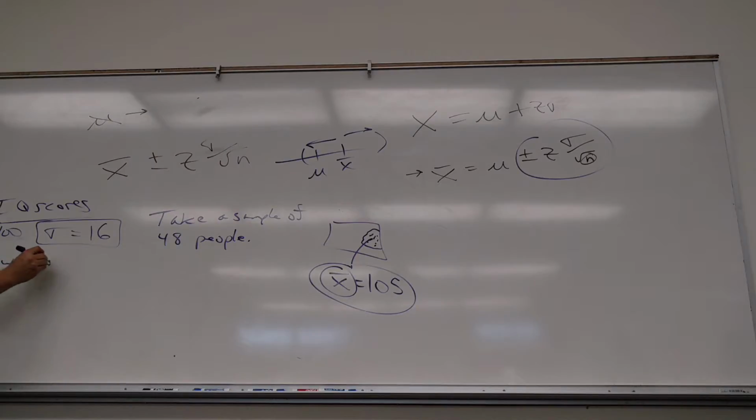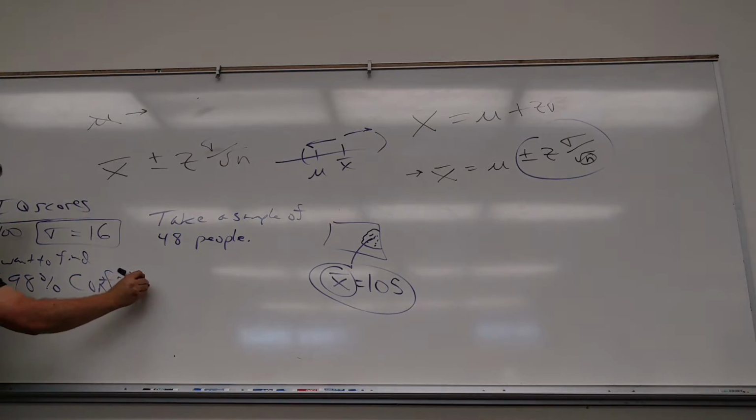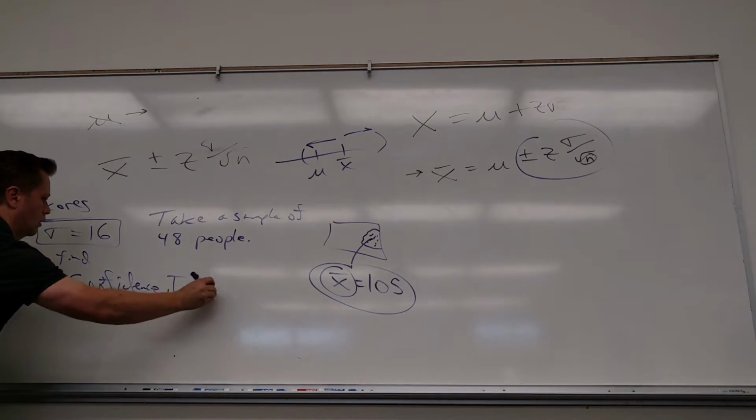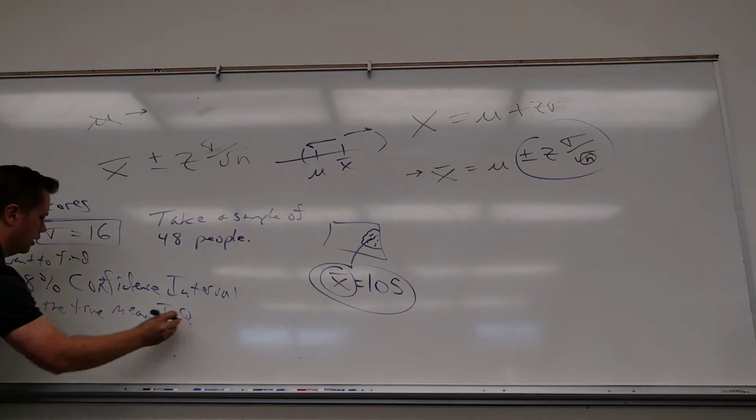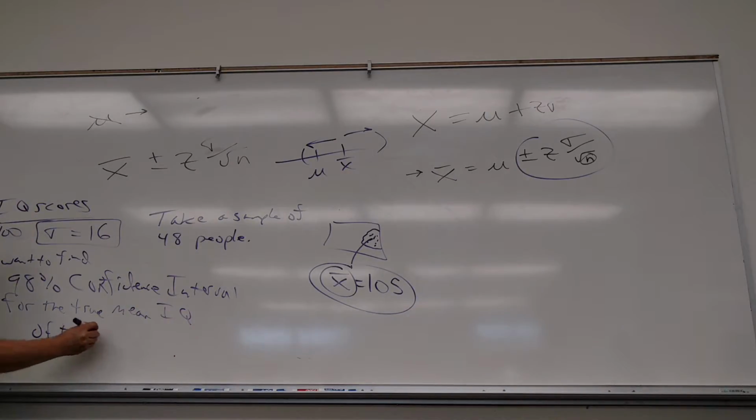We want to find the 98% confidence interval for the true mean IQ of this region of Washington. That's a lot of writing for me. Sorry, buddy. Good luck. We want to find a 98% confidence interval for the true mean IQ of this region.